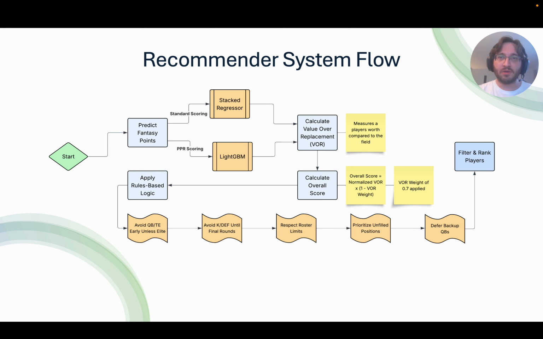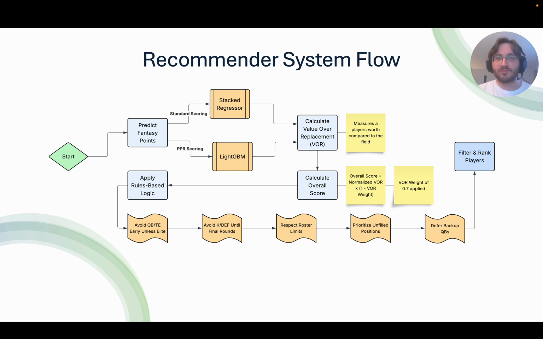So here we see a representation of our recommender system flow. First, we begin by predicting fantasy points. Depending on the scoring, we use the stacked regressor for standard or LightGBM for PPR scoring. And then we take a look at the VOR, which is calculated as the predicted points minus the position's replacement level point threshold. We then follow that with position-specific multipliers, for example, QBs at 1.2, kickers at 0.3, to adjust for the positional impact.